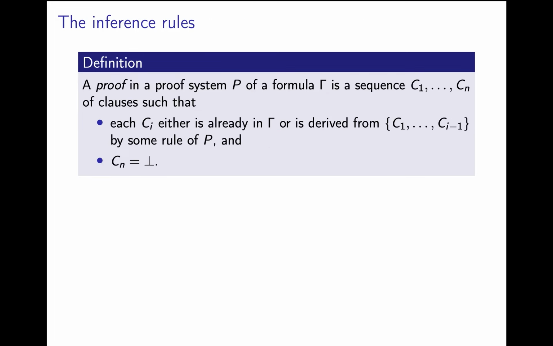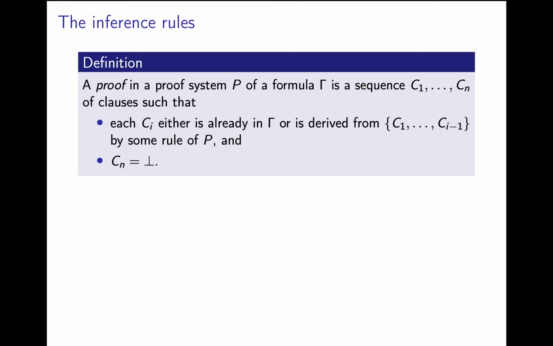We are now ready to talk about the inference rules. Here, just to be formal, I'm defining a proof like we saw at resolution, but in a more generic way. This time a proof is a sequence of clauses where each clause is either in the original formula or is derived from the set of all previous clauses according to some rule of the proof system at hand.